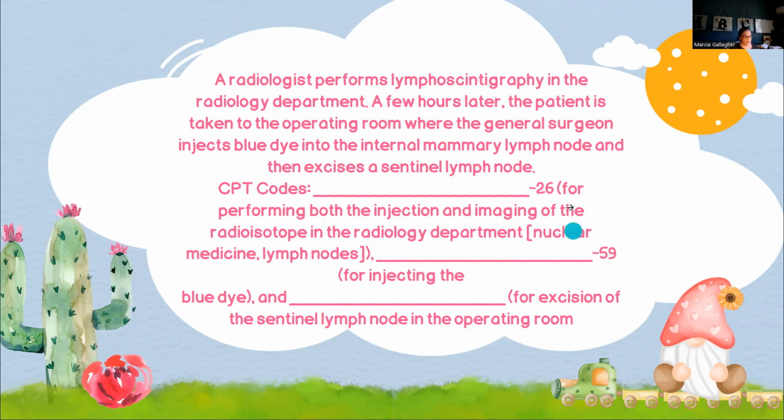And so what are we doing for this first CPT code? The 26 means a professional component, which is all about radiology. So we're performing both the injection and imaging of the radioisotope in the radiology department, nuclear medicine, lymph nodes.